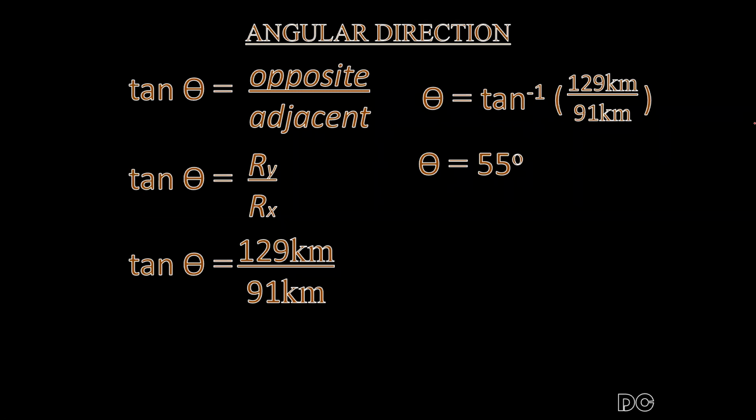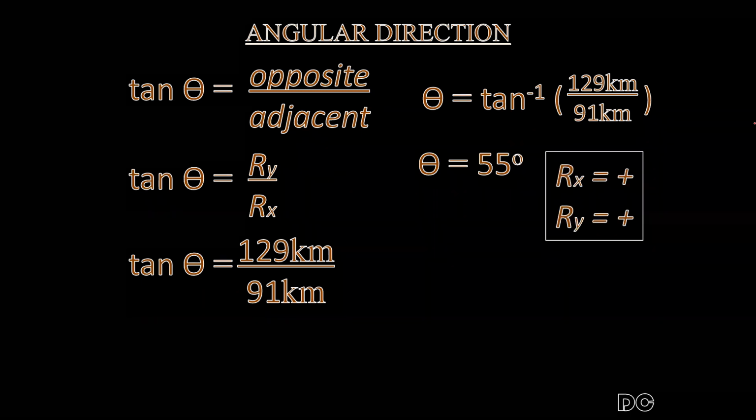So we have our angular direction, 55 degrees. After determining the angle, next is to determine the direction. Sabi ko kanina, always indicate the sign of your x and y components because we can use that to identify the direction of our angle.